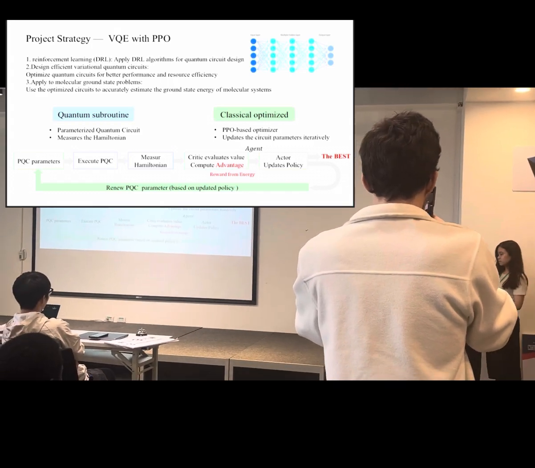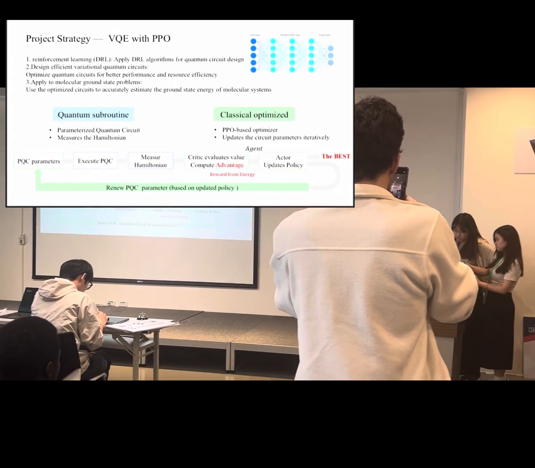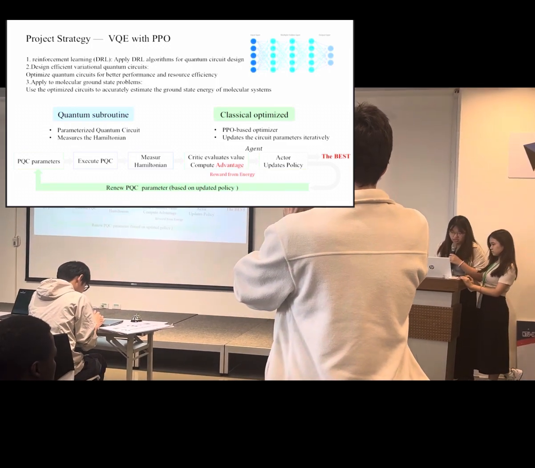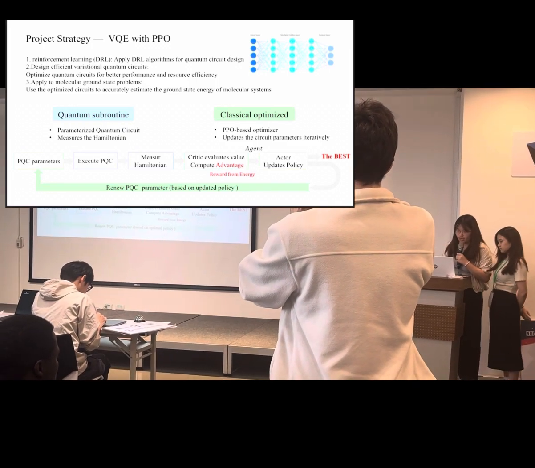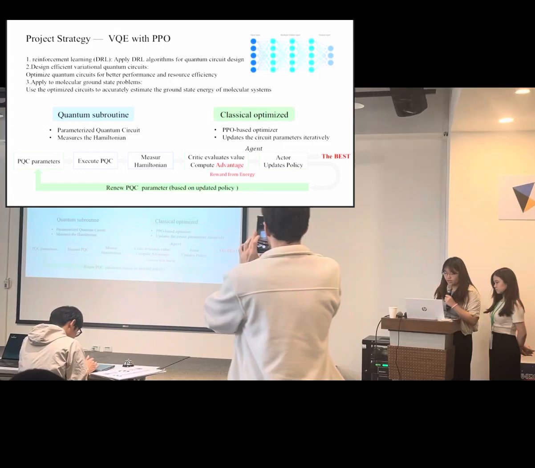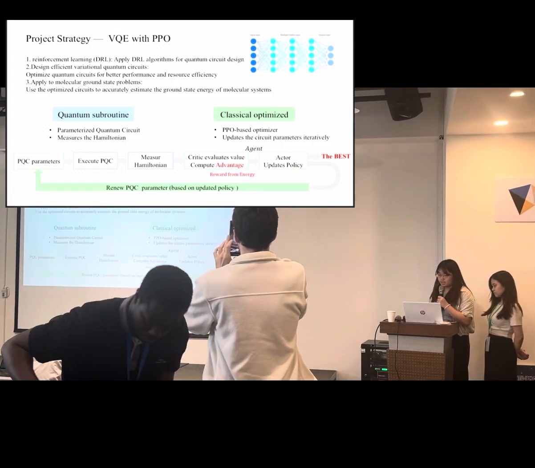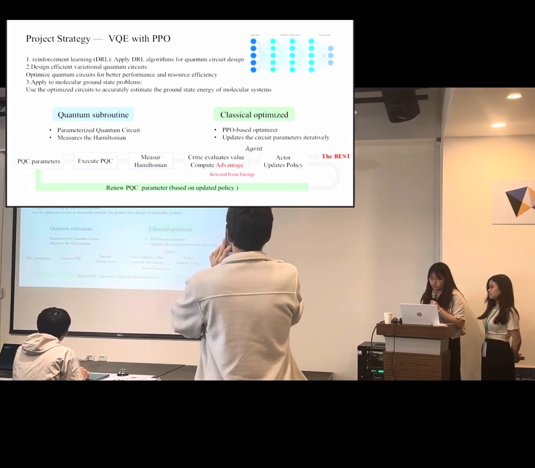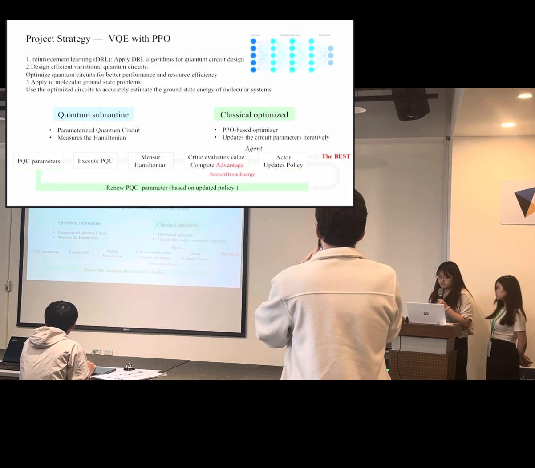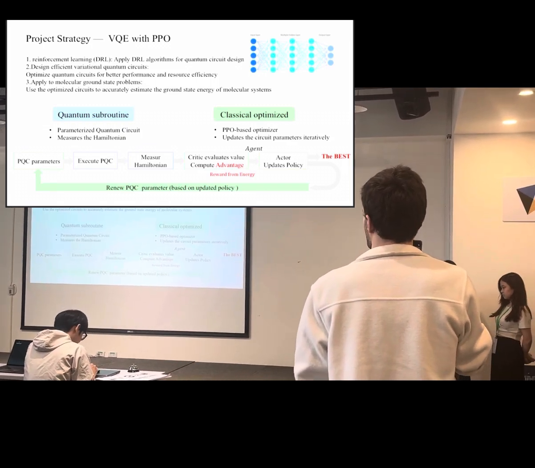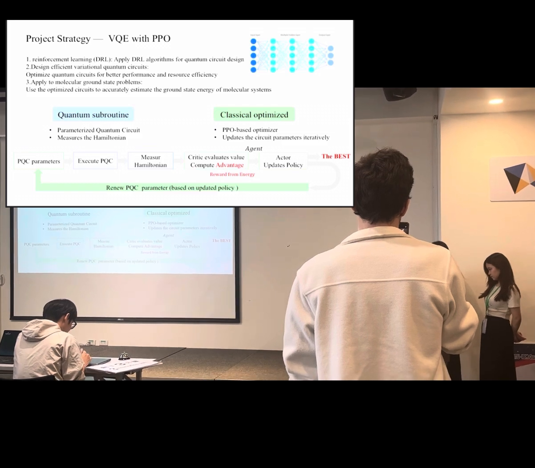So our project strategy: first, we start with a set of quantum parameters, and we execute the PQC to measure the expectation of the Hamiltonian. We send this result to the critic model of the PPO agent, and the actor will update the policy using this result.